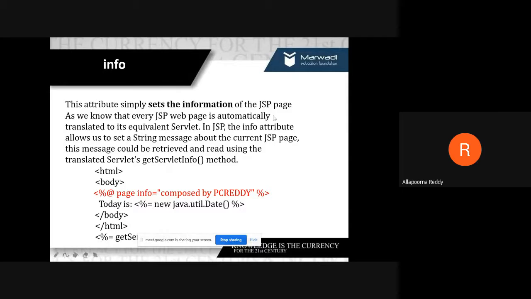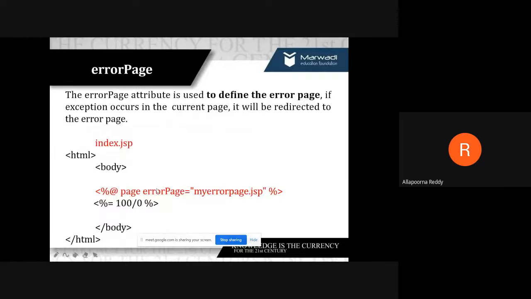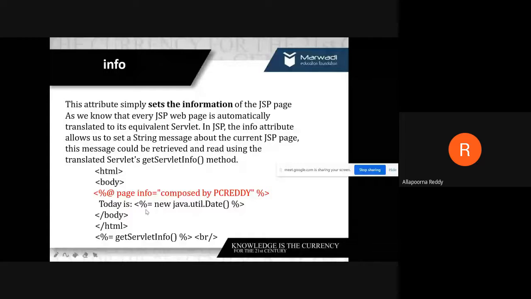Just wait a second. So what happens here? First, I am making some page info. I made it here. I am stating that this is a JSP page made by me, composed by so-and-so person, myself, and I am also adding the date I made it. I am printing it using the expression tag. Then whatever information I have kept here, I want to know it, so I am using the expression tag once again.